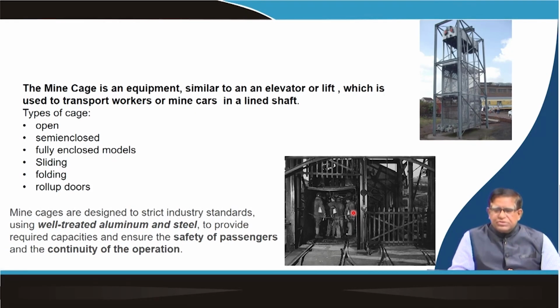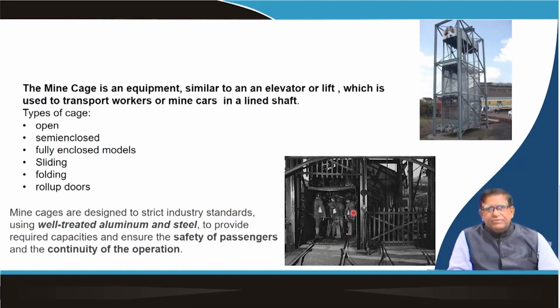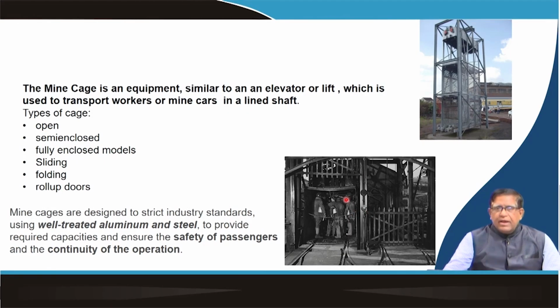And one of the most important things is, you will have to optimize the energy. More weight means more energy to lift and lower. So, you will have to see what is the minimum weight of material required to make the cage, and also how exactly you are suspending the cage on the rope, that is very, very important as a safety measure.